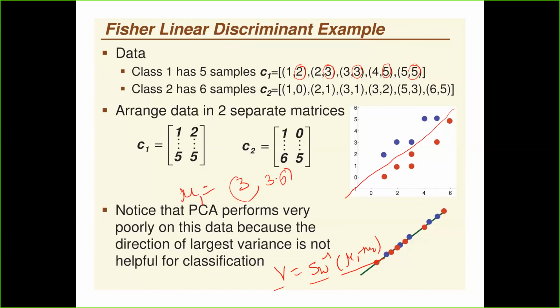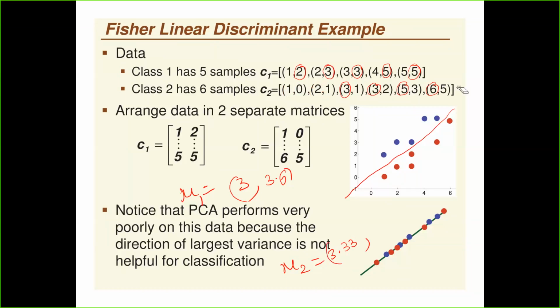Can you tell me mu2? 3 plus 3 is 6, plus 3 is 9, plus 5 is 14, plus 6 is 20. 20 divided by 6 is 3.33.